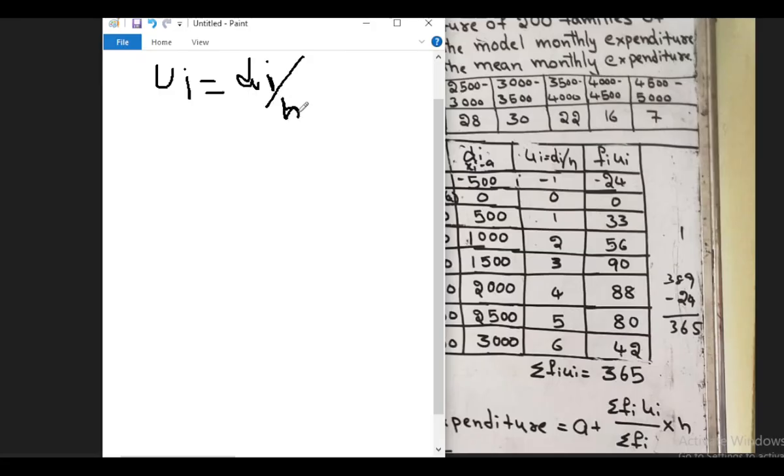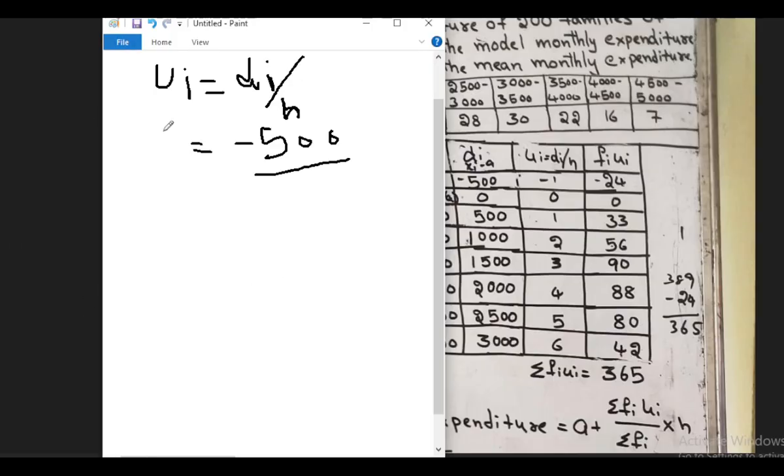The di value is ready, that is xi minus a, which is minus 500, divided by the height of the class.